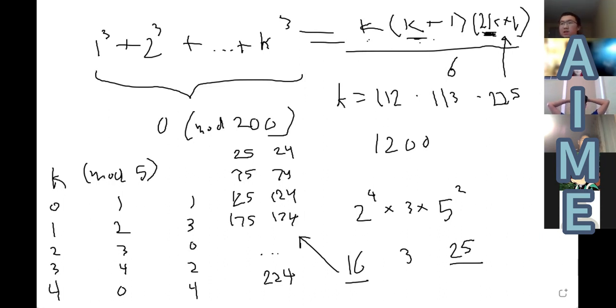So if you sum together a bunch of positive integers, they're going to be equal to a positive integer. So then that means we have the 6 here, right? It means that k times k+1 times 2k+1 is always going to be divisible by 6. So it's not that important, but still.